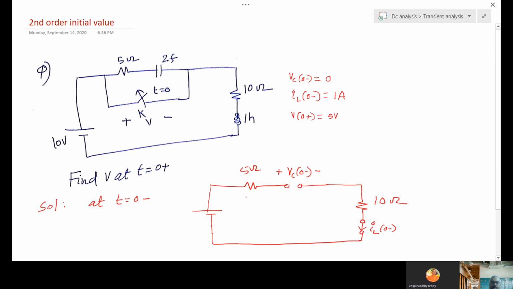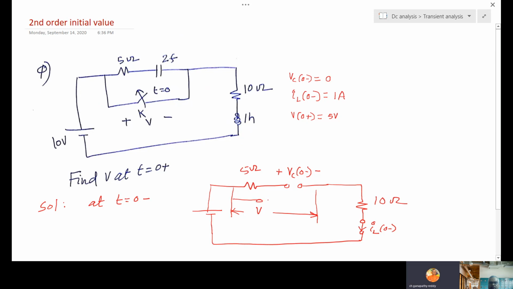5 ohm. So this is the voltage here, V. V here across the switch. But what is the switch status at 0 minus? It is closed.